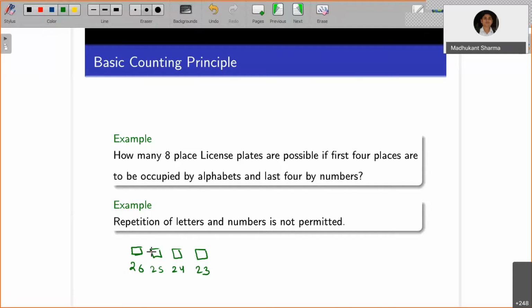If B is used here, B cannot be used here and here, and so on. For the last four places, repetition of numbers is also not permitted, so you have 10, 9, 8, 7. All of these are with a dot; these are not decimals, please. These are dot products. That will be the number of possible license plates with this condition.